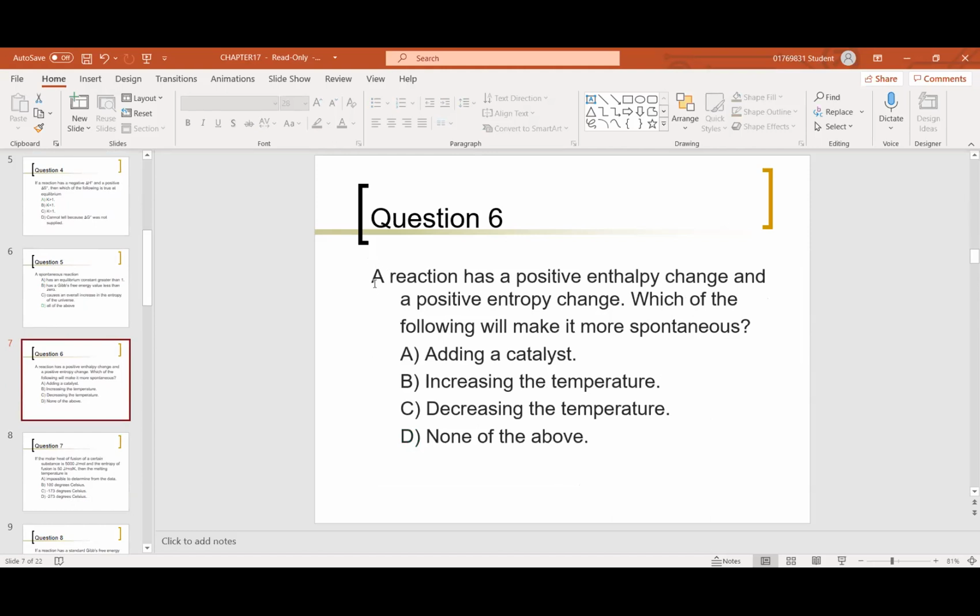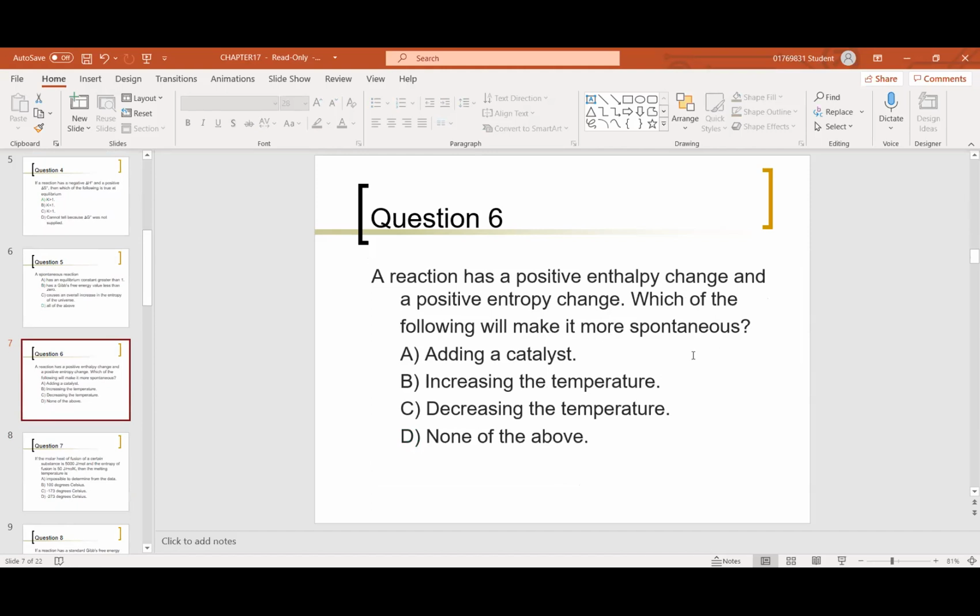A reaction has a positive enthalpy change and a positive entropy change. Which of the following will make it more spontaneous? Adding a catalyst, well, if they're both positive, then at higher temperatures the reaction is spontaneous.